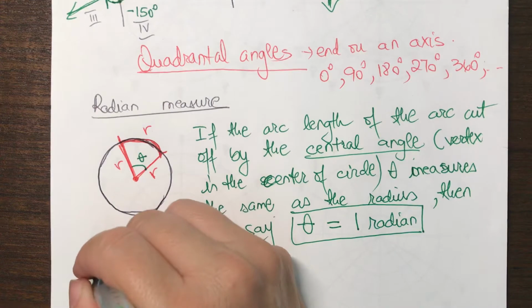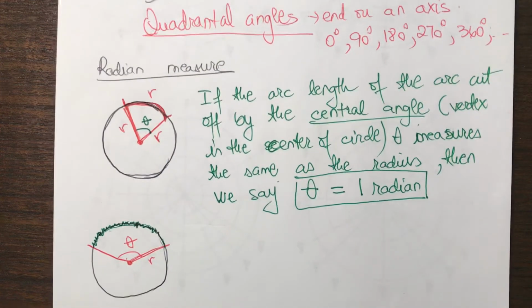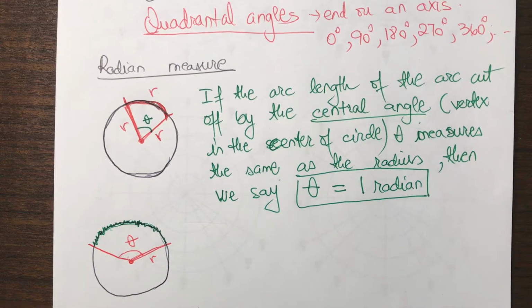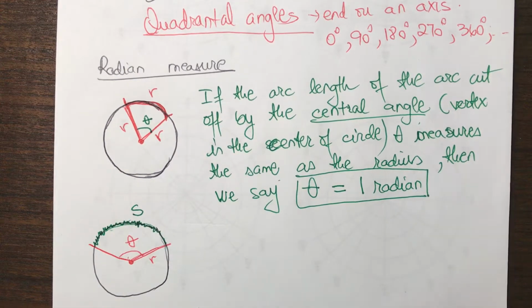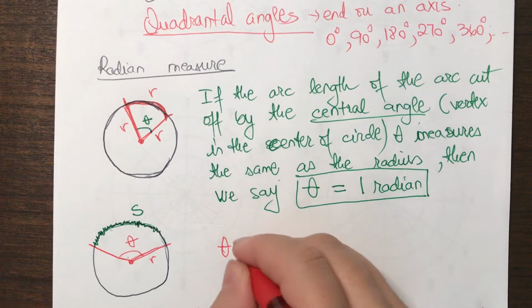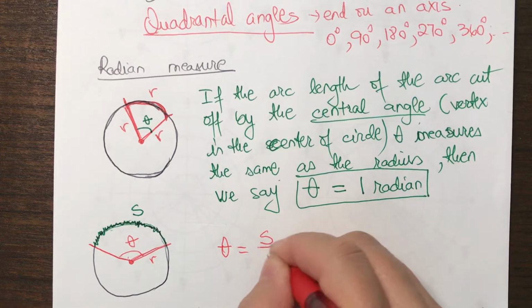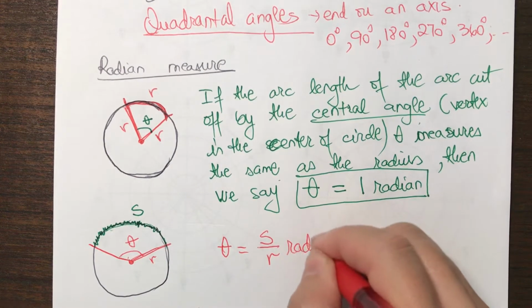About 2 and 1/4, I'd say, if I were to estimate. Okay, but we call the arc length always by S. So we're going to say that theta is equal to S over R many radians.